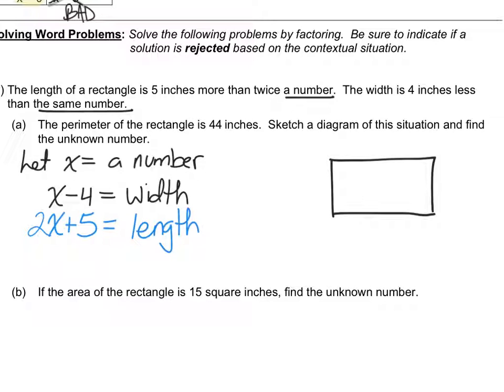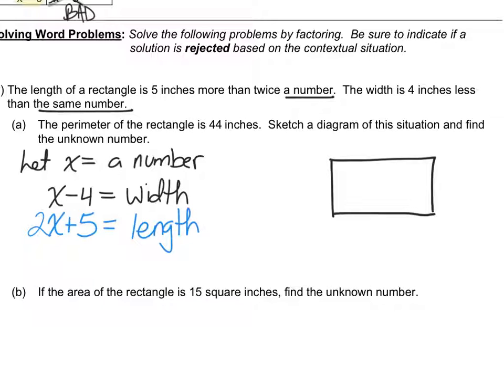All right. Very easy to lose credit on a question like this because eventually we're going to have to find the unknown number, but if they ask us for the dimensions, then they're asking us for these results. So sometimes x does not mark the spot. Sometimes we have to do more work. All right.